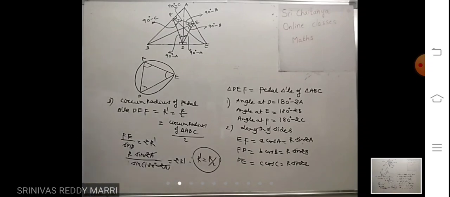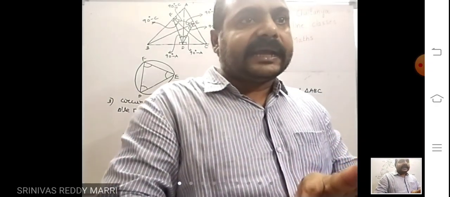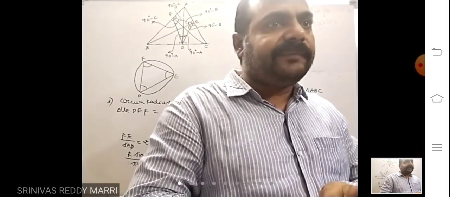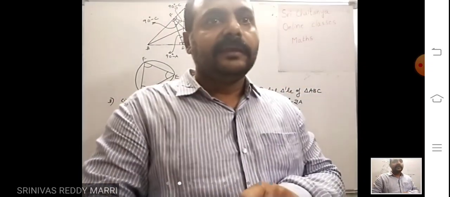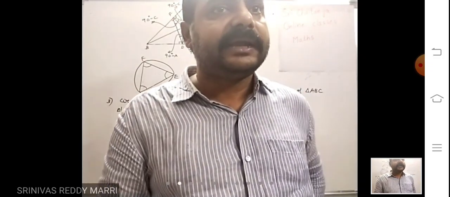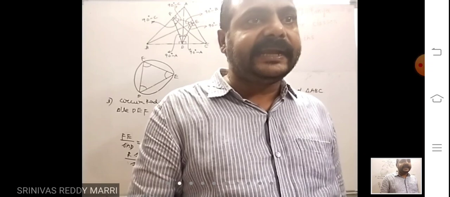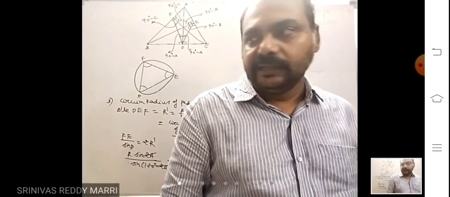Suppose the question is asked like this: if the circumradius of triangle ABC is 8 units, find the circumradius of the pedal triangle. It is half of that, so 8 divided by 2. 4 is the answer.